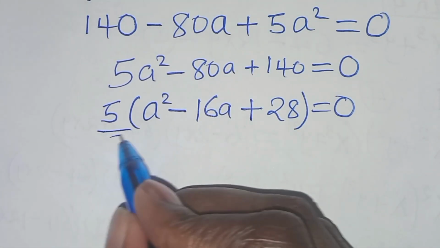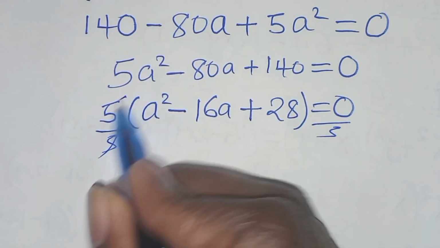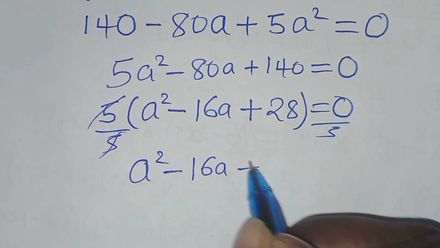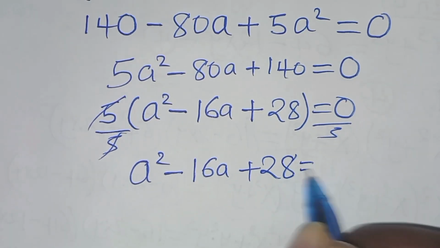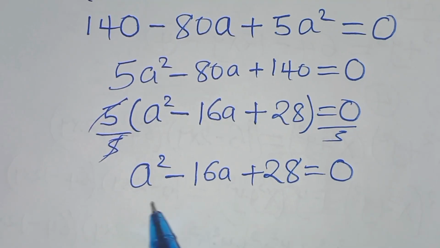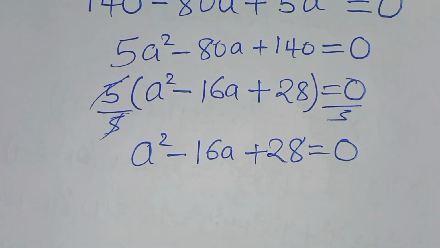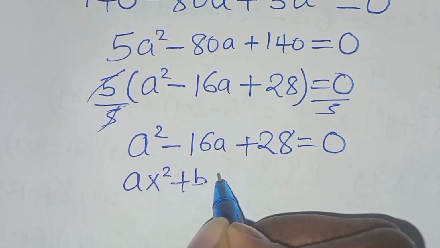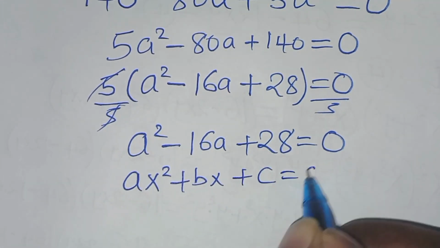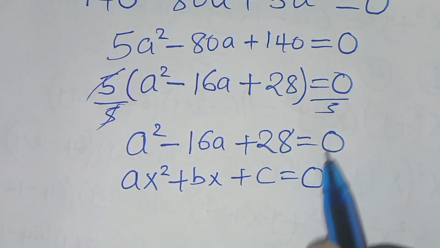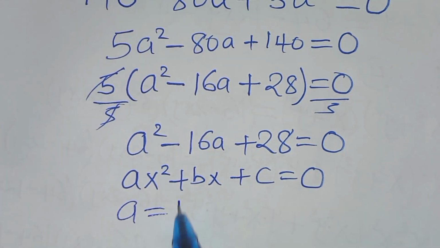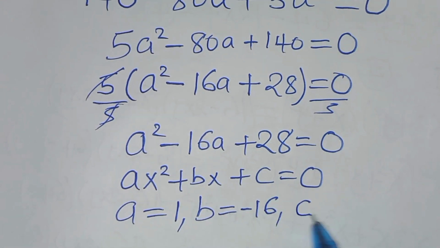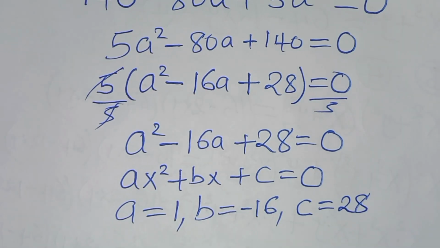Let's divide both sides by 5, so that here we have a squared minus 16a plus 28. This is equal to 0. So this is a quadratic equation of the form ax squared plus bx plus c equal to 0. From this quadratic equation, we have a equal to 1, b equal to minus 16, and c equal to 28.